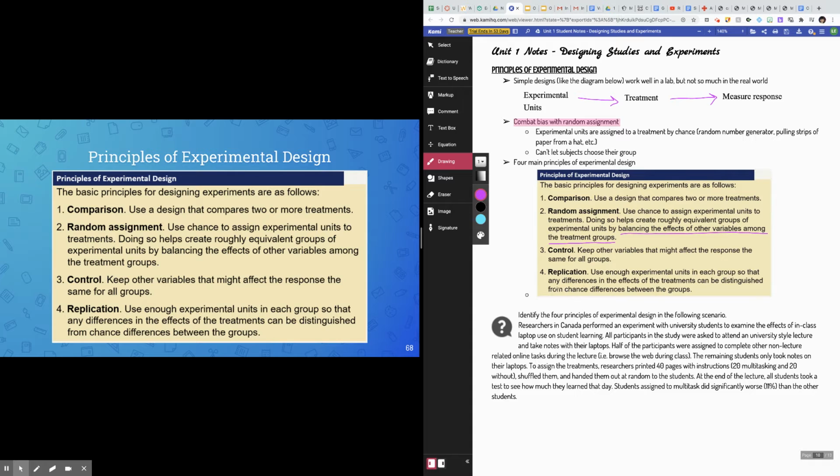So the point is that we're trying to distinguish the differences in the effects of the treatments from just any chance differences that show up between groups. We live in the real world, and the world is full of natural variation. That's how the world is.